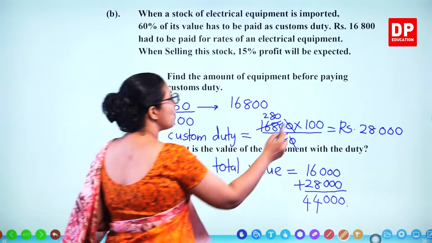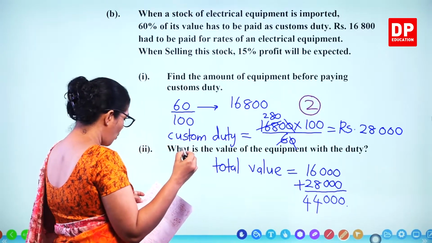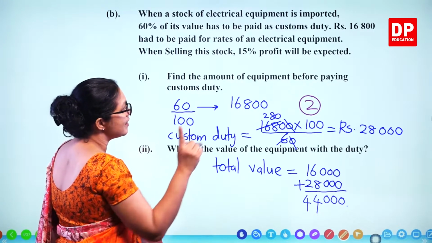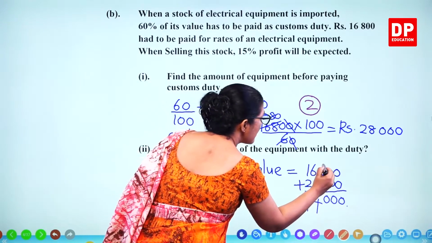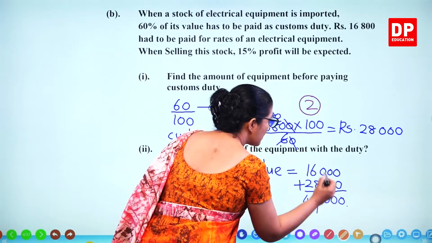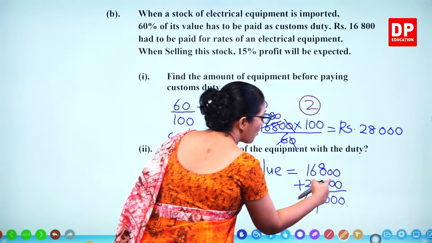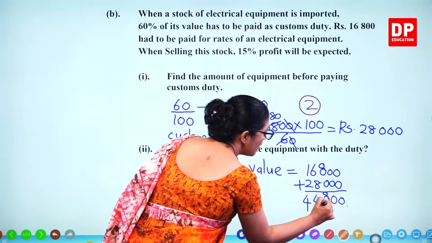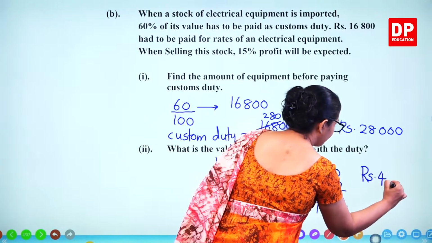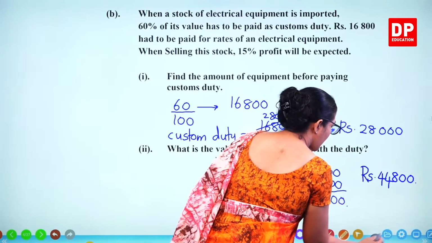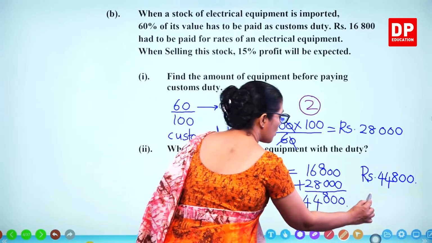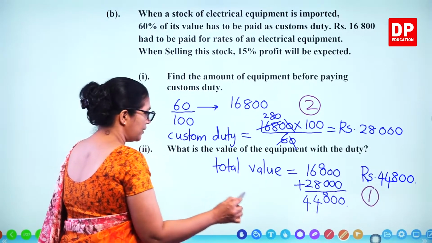You get 2 marks for finding the custom duty value and the total 44,800 because 16,800 is there. So you have to add 800. So that's a mistake. We didn't take the proper value. So here 44,800 rupees is the final answer. So for that you are getting just 1 mark because you are just adding the value.